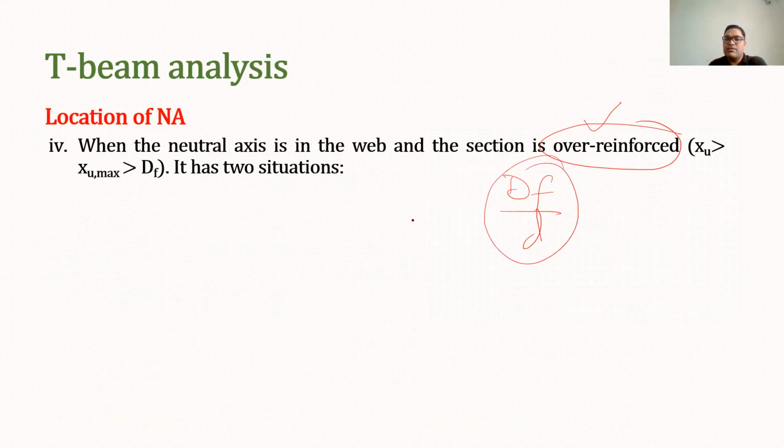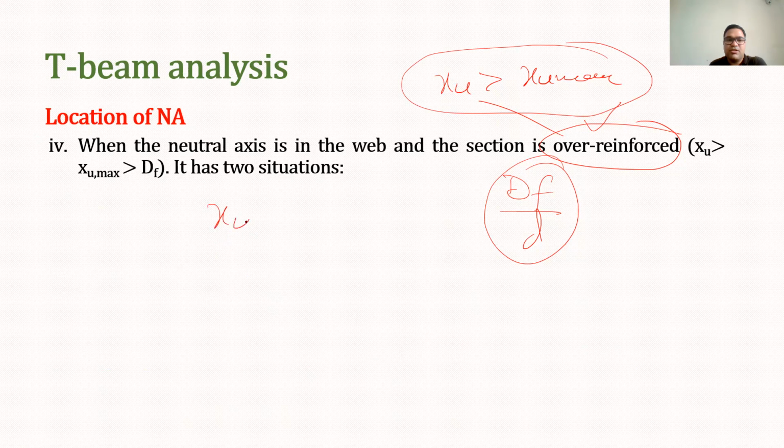Now also in case of an over reinforced section, Xu is greater than Xu max. But in the limit state method, we restrict the value of Xu to Xu max when we have an over reinforced section.